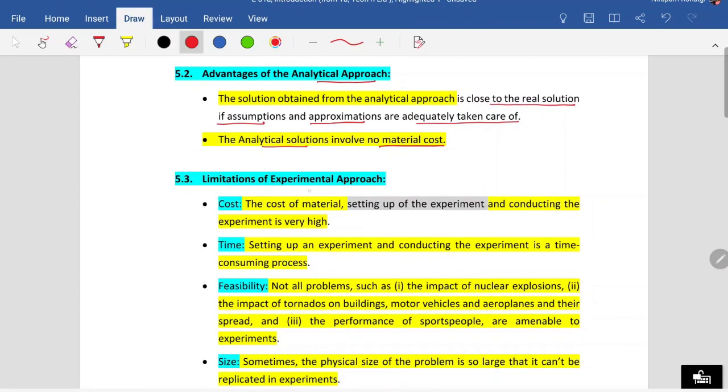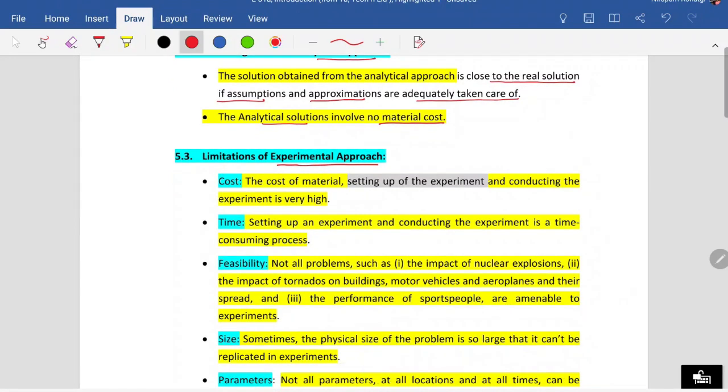Then we talk about experimental approach. It has its own limitations as well as advantages. The first one is the cost. Now when you are doing the experiment, the cost of material becomes predominant, something like setting up of the experiment and conducting the experiment.